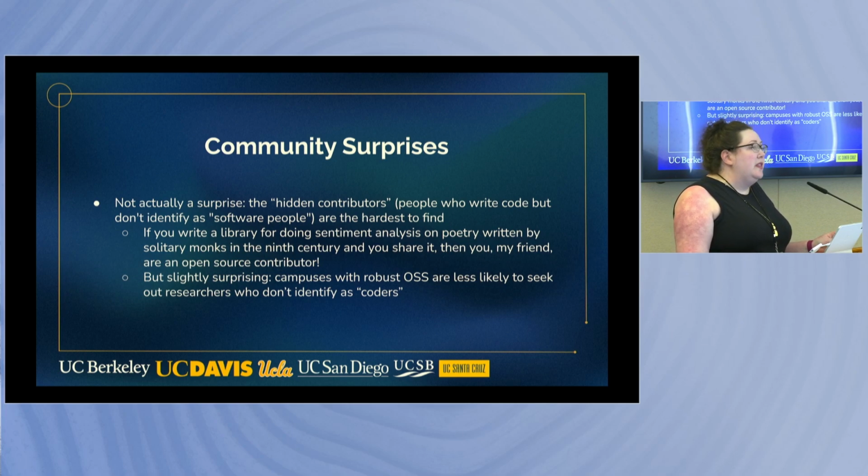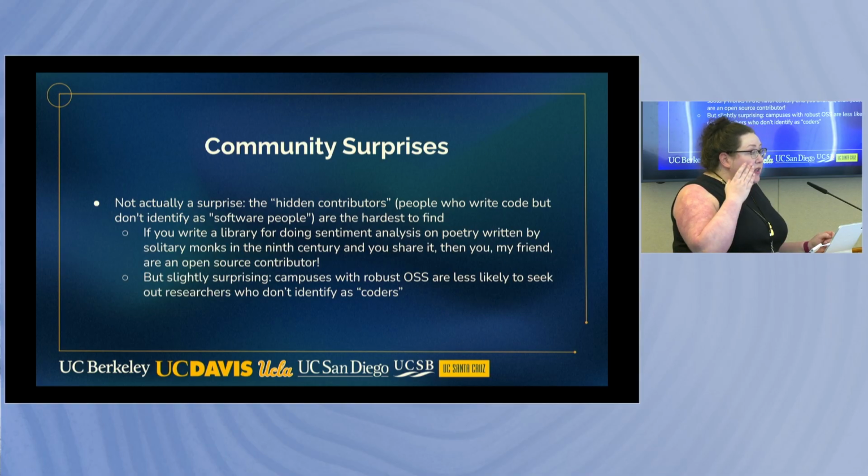And those kinds of people are the ones that are the hardest to find. But I think that they represent the greatest untapped resource in open source in academia.